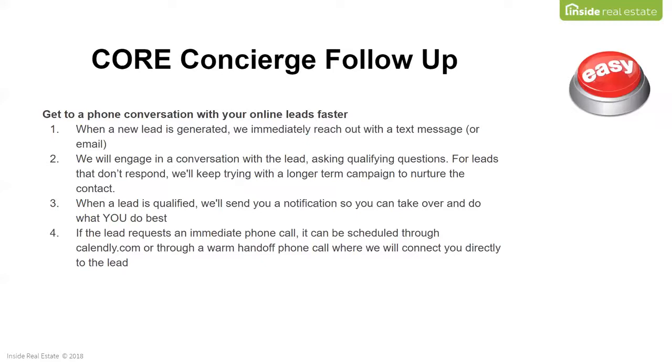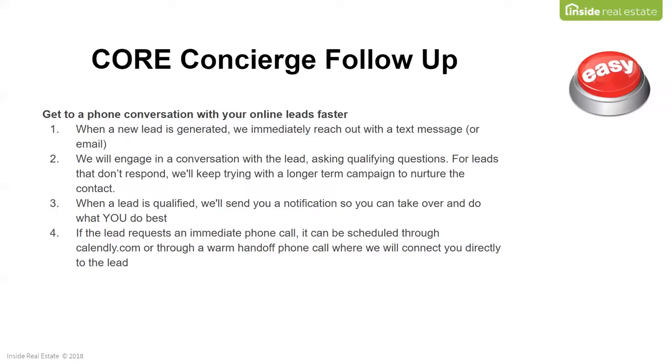So Core Concierge follow-up service is a platform inside of the marketplace that you can buy that will help with that. Basically the way that it works is that when you buy this, you configure it to say, what lead sources do you want to have go to concierge? And concierge will follow up with them immediately with a text message or an email or a phone call, depending on what information you get from them.